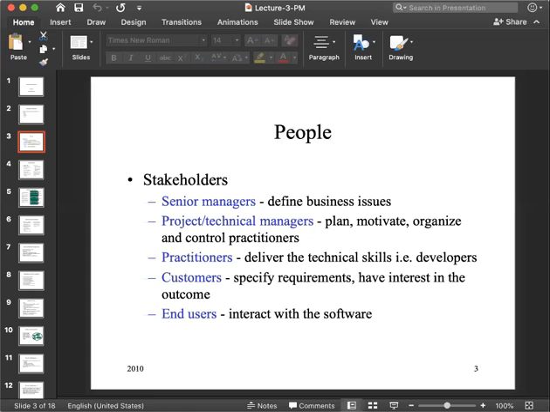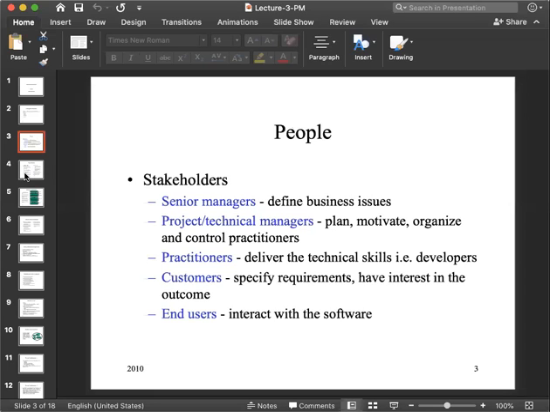So there could be people who are users. These are the main people who are actually related with the project, but there could be different persons also. Okay, so these are the basic persons who are involved in a project.